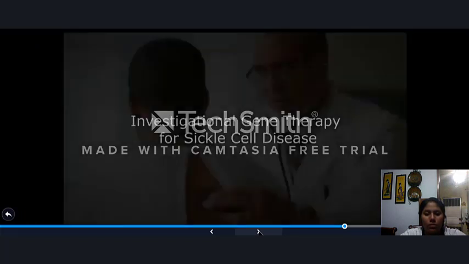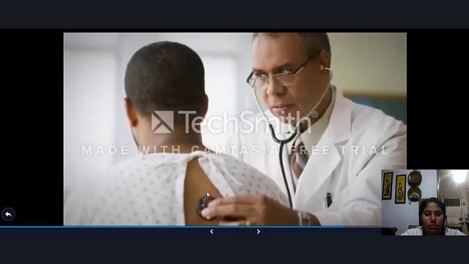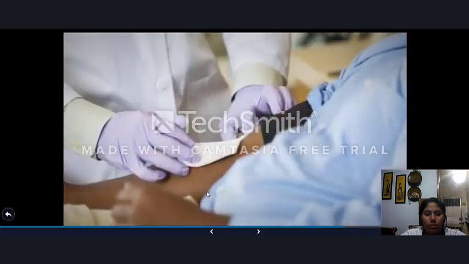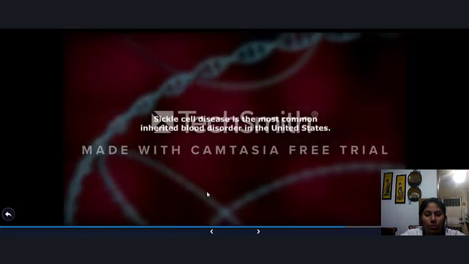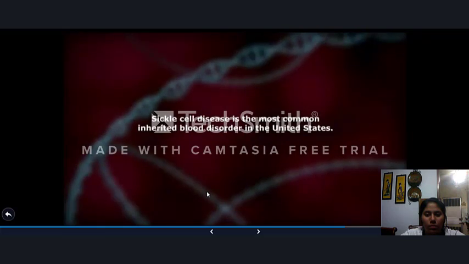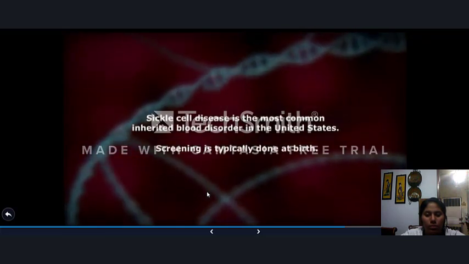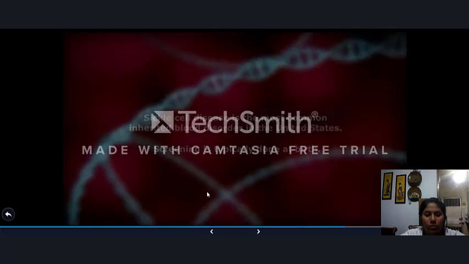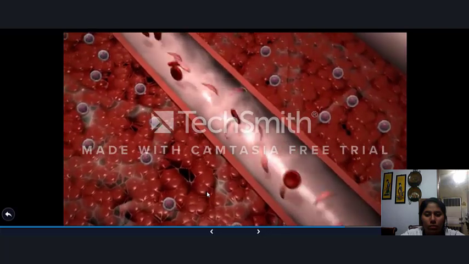Sickle cell disease is an inherited blood disorder. It affects millions of people worldwide and is the most common inherited blood disorder in the United States, affecting about 100,000 Americans. Screening for sickle cell disease is typically done at birth. People with sickle cell disease have abnormal hemoglobin.